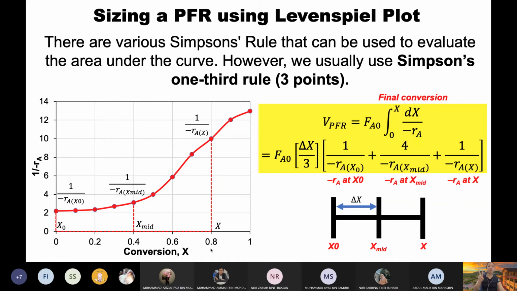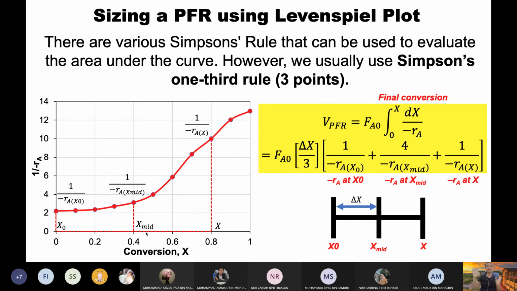Okay, the second point is the middle conversion, middle point between your first and your final. In this case, the point refers to conversion. Meaning nak kata, katakan conversion kamu daripada 0 to 0.8, right? First point 0, third point 0.8, middle point is 0.4, which is your conversion 0.4, middle conversion.